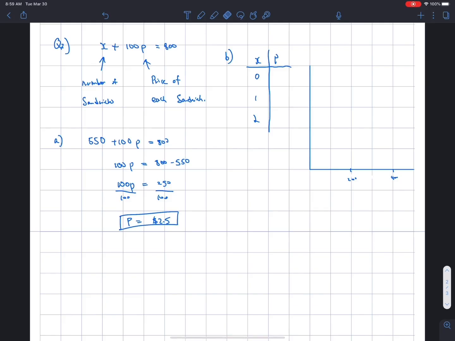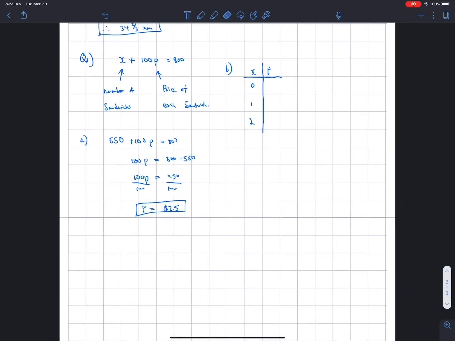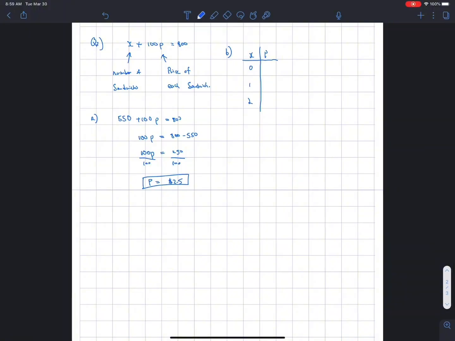I probably need a bigger grid. Yeah, maybe my grid will be here, because I see that I need to go all the way to 800. So I'm going to do B here.